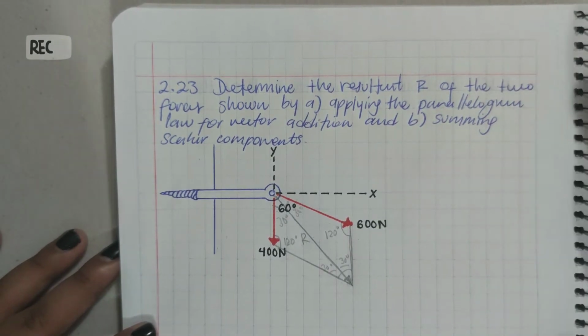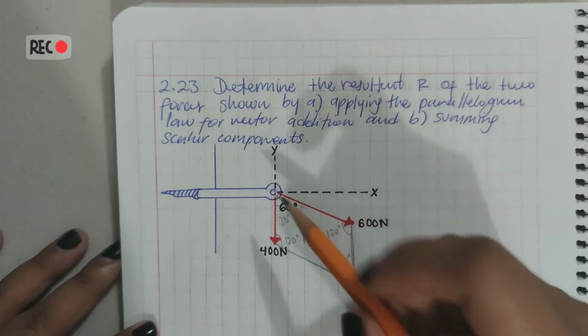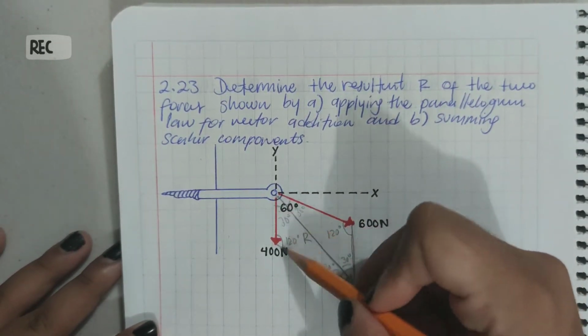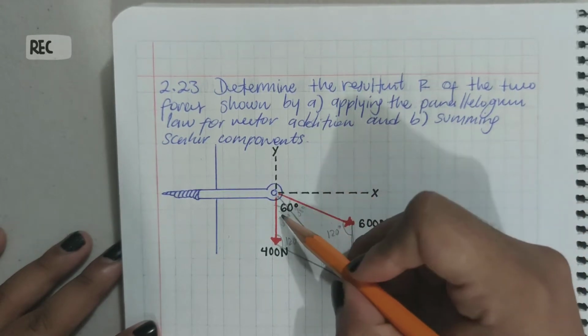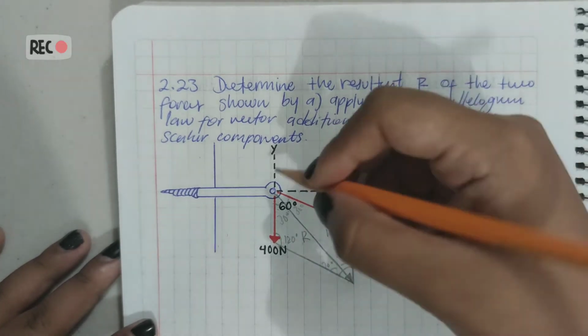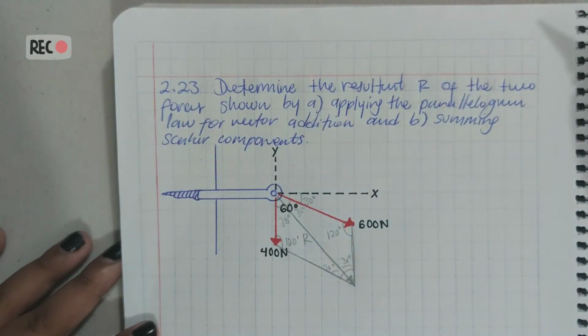From another point of view on these angles, we can see that since this is a right triangle between the axes and this angle here is equal to 60 degrees, we know that this angle here is equal to 30 degrees.